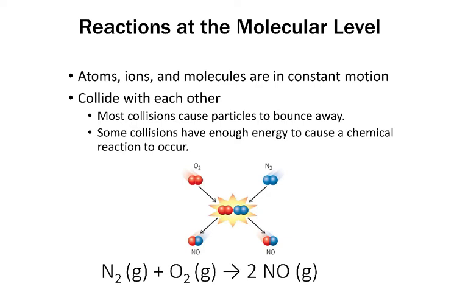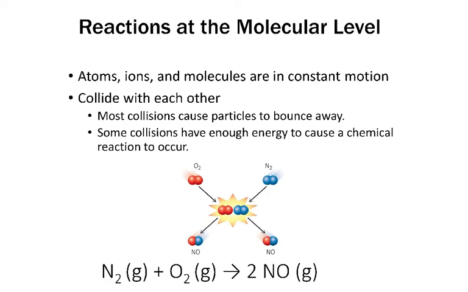Think of it like billiard balls on a pool table. If they're all randomly moving around, eventually they'll hit into each other and bounce off. Most of those collisions will essentially just bounce away from each other. However, if those collisions have enough energy, it'll actually cause a chemical reaction to occur.